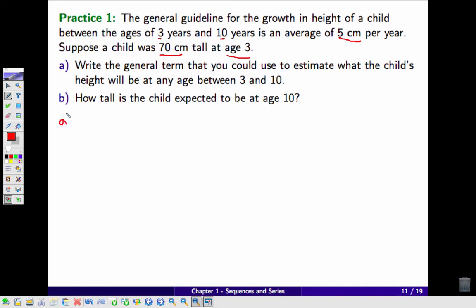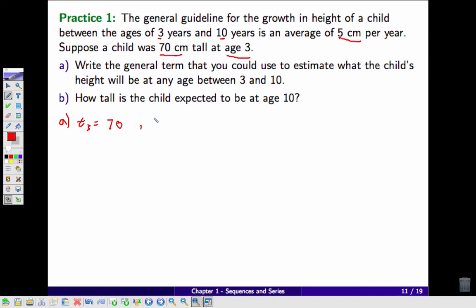So let's look at practice problem A here. This is an interesting question because years is actually the number of terms. So at 3 years, that would actually be T3, that's term 3. And the child is 70 centimeters at T3.